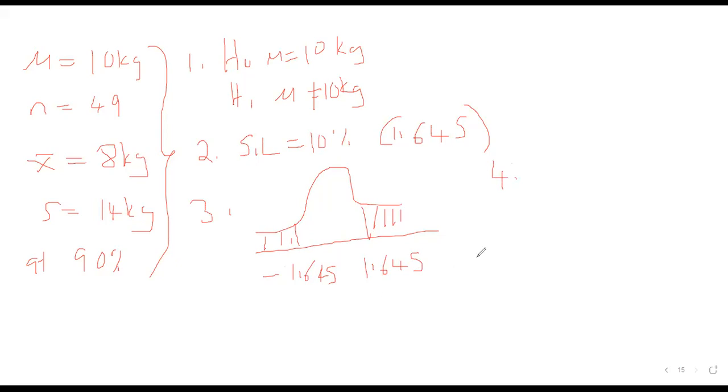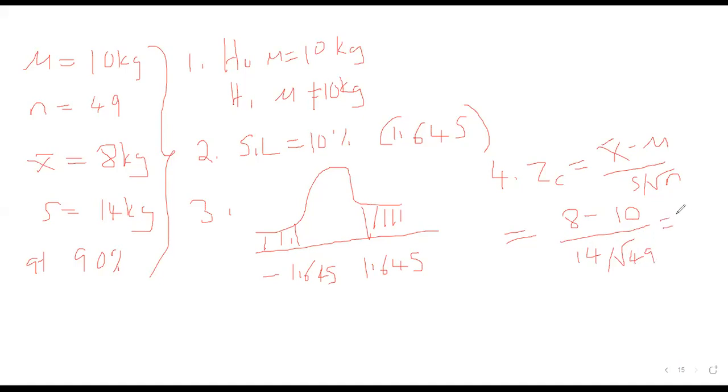Calculate the Z score. It will be our mean minus mu over standard deviation over the square root of n, which gives us the mean being 8 minus 10 divided by 14 over the square root of 49.